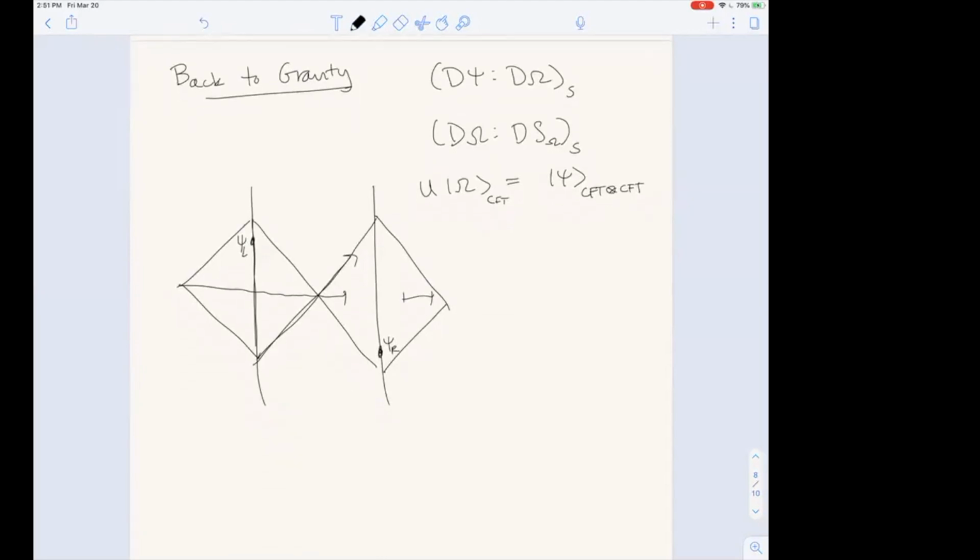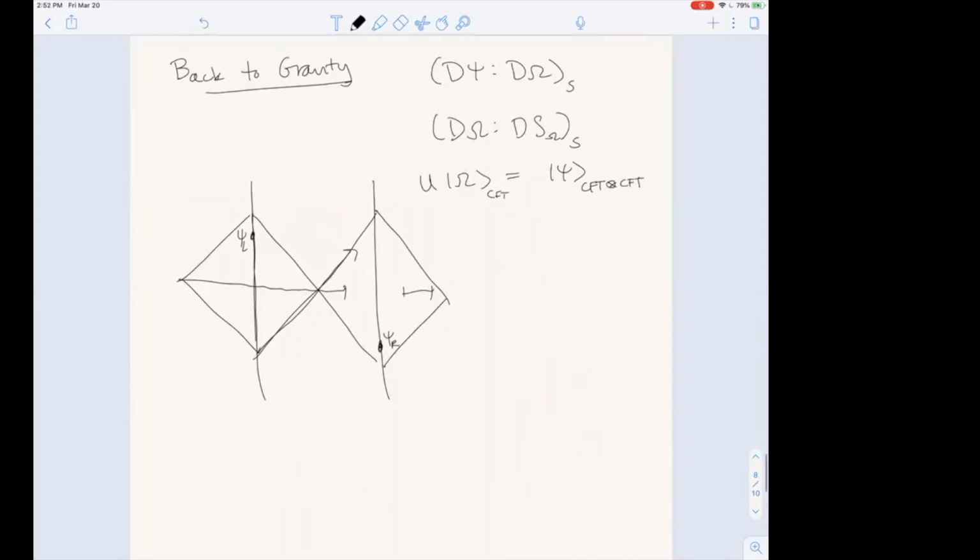And what this correlation function ends up being in the deformed theory is psi left of t left, e to the i c a b s, psi right t right, e to the minus i c a b s.